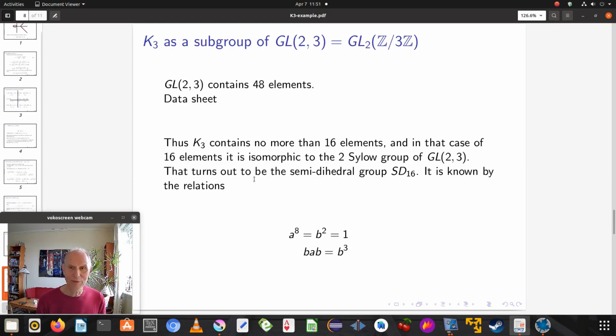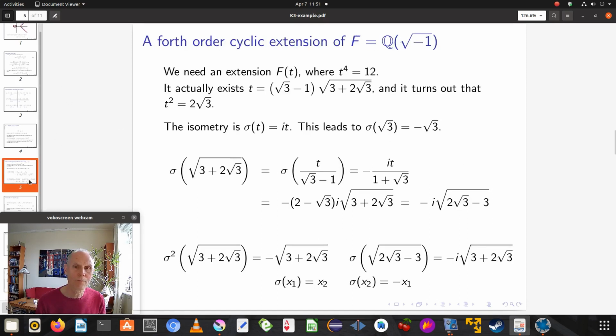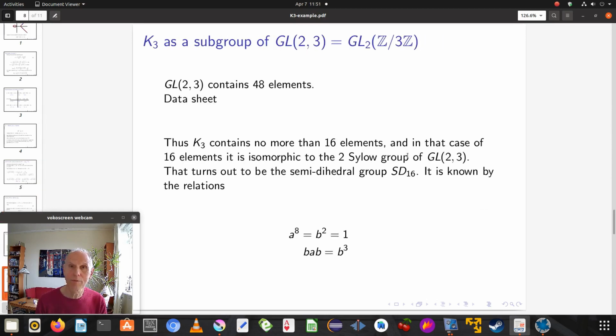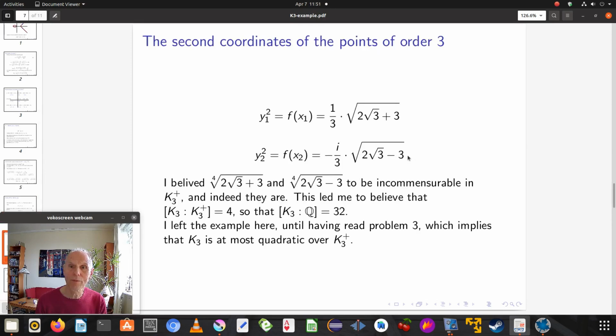So there we go. And that was, of course, where I thought it was the fourth order extension, so that was just too much.